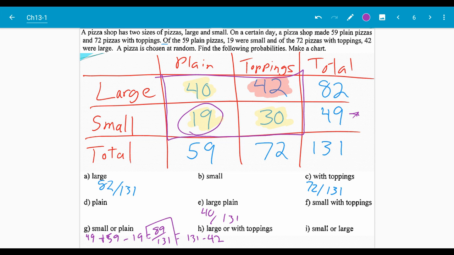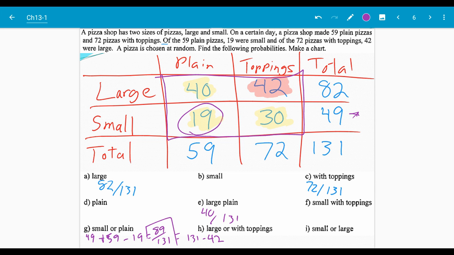I would suggest with probability that even if you have a favorite method, be aware of these other techniques, because you'll be presented with some information that lends itself to one method over another, or might make some of these other techniques impossible, if not really difficult. So you want to be familiar with what you could do.